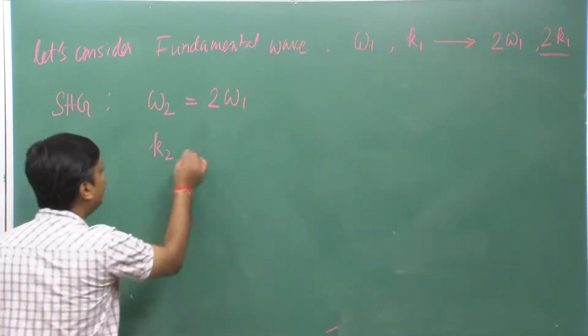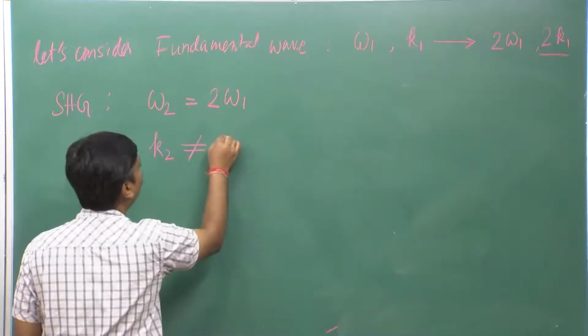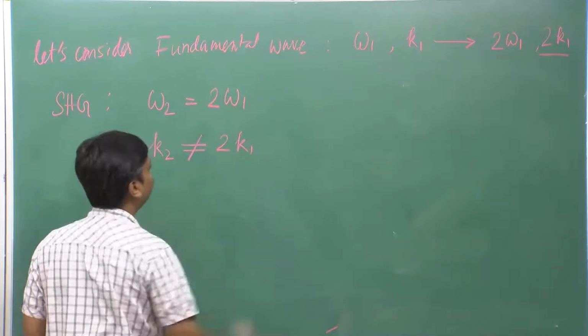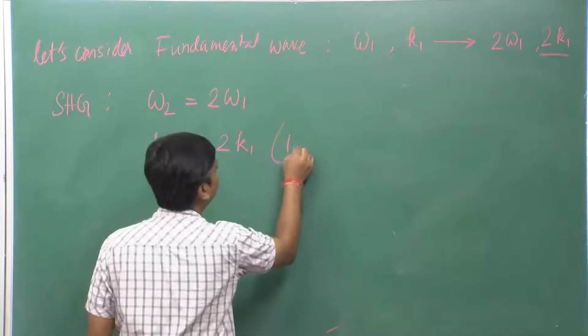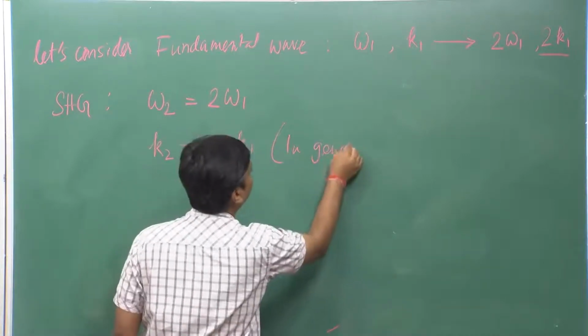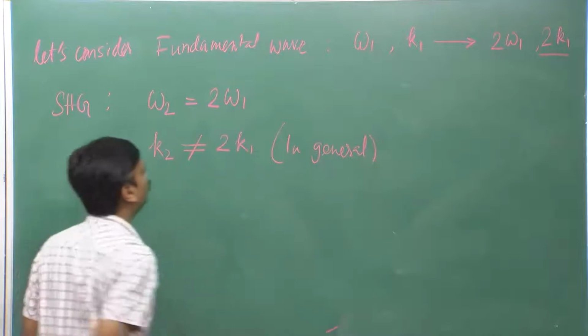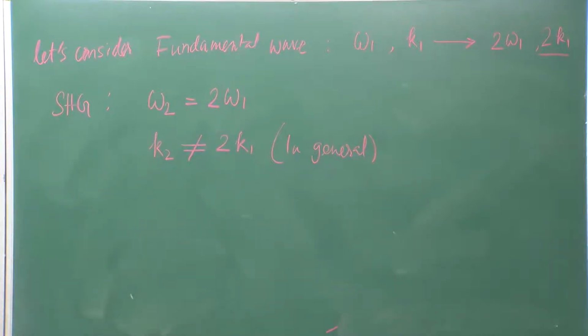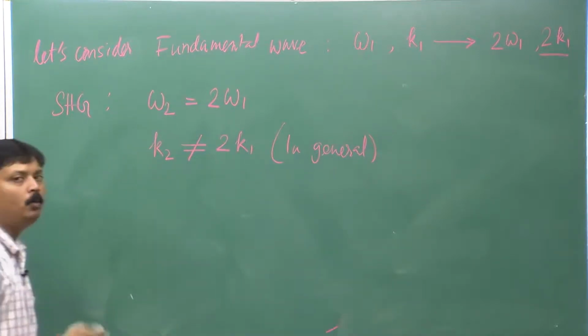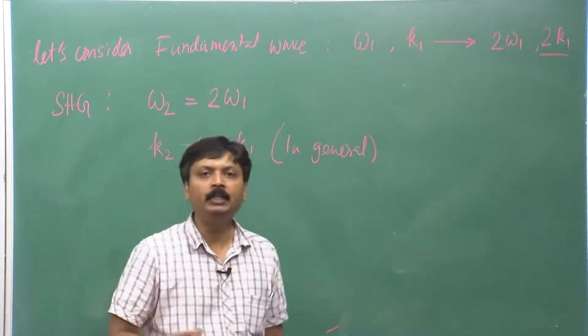Okay. So, generally it is not equal to 2 k1, this is in general. Okay. So, now if that is true, then how do I achieve the phase matching?